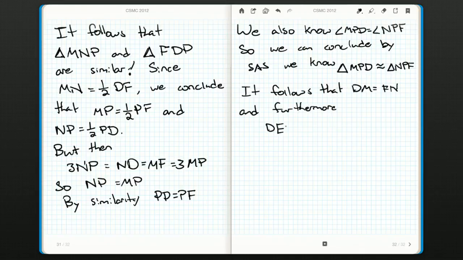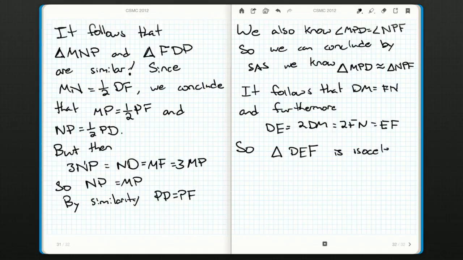And so finally DE, which is twice DM, because the median splits the length DE in half, which is then twice FN, which is equal to EF. Oops, E only has 3 lines. So DEF is isosceles, which is exactly what we wanted to show.